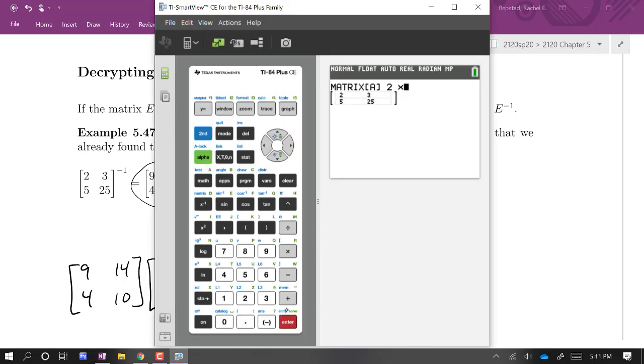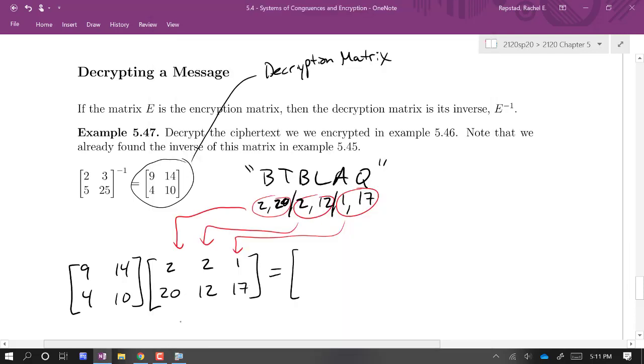Here's a 2 by 2: 9, 14, 4, 10. And I put in my other matrix, which is still a 2 by 3. So we have 2, 2, 1, 20, 12, 17.